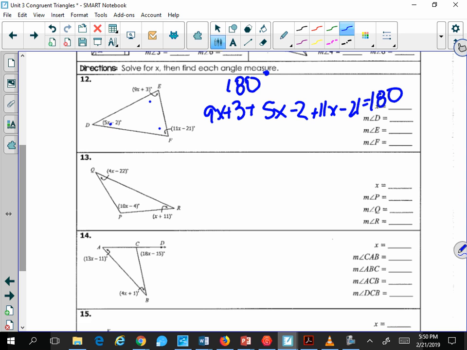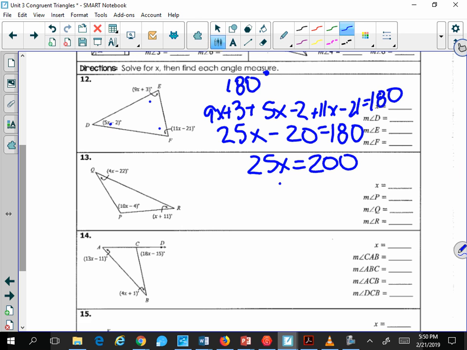So then I've got 25x. I've got a 3 minus a 2, which gives me 1, minus 21, so that's negative 20, equals 180. Solve that out, and you'll get x equals 8.